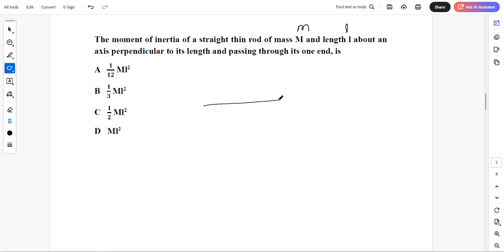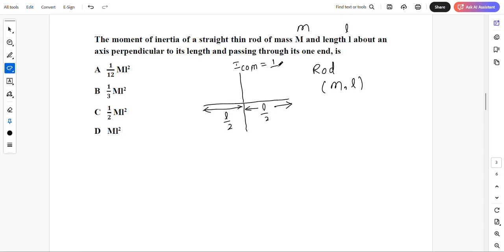Now, this is a thin rod of mass m and length L. This is L by 2 and this is L by 2. This is the axis which is passing through the center of mass. This is called centroidal axis.